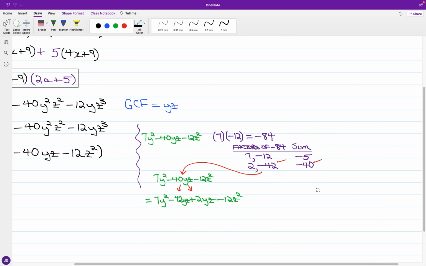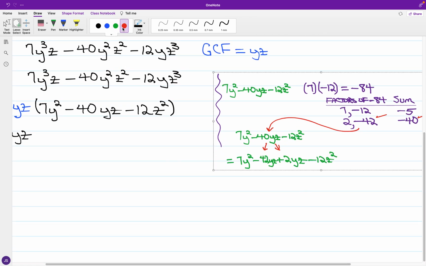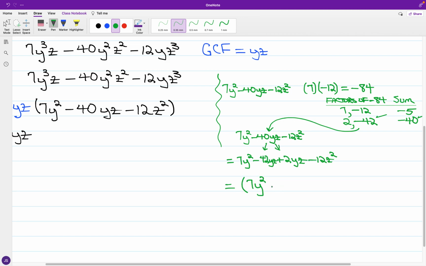Looking at establishing what we have in the case of grouping, you have 7y squared minus 42yz, and we have, in the middle, plus the quantity 2yz minus 12z squared.